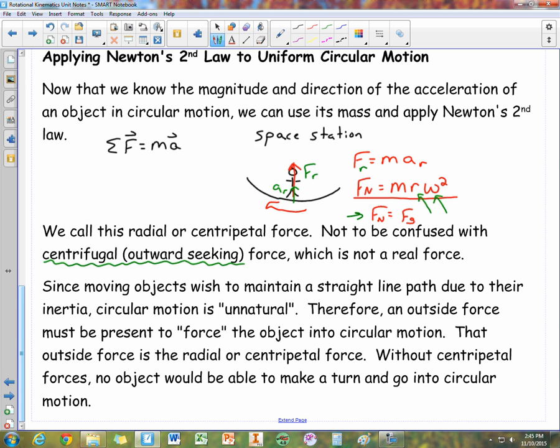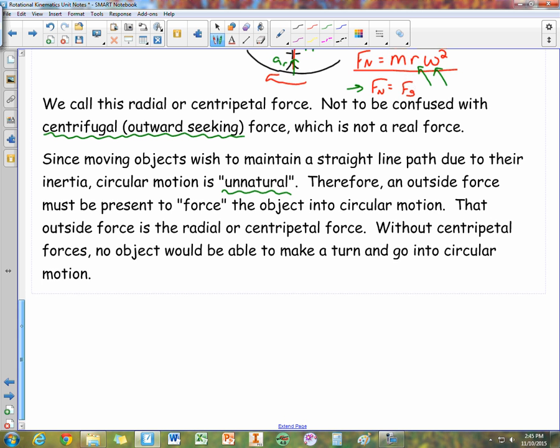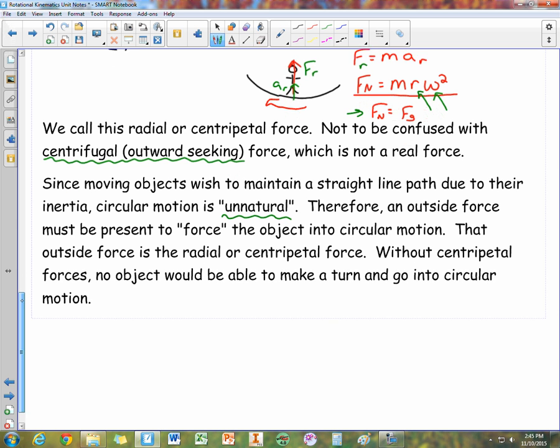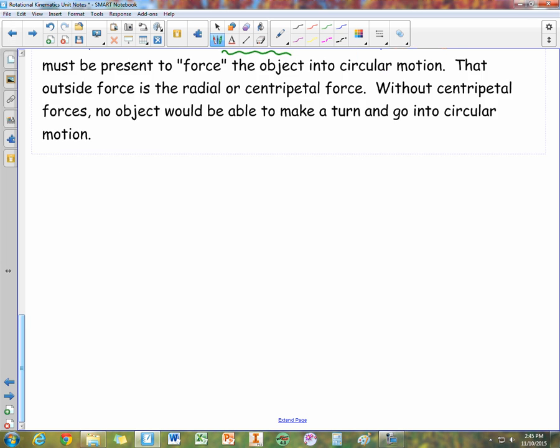Objects wish to maintain a straight line path because of inertia. Circular motion is unnatural. So there must be an outside force present that forces the object into circular motion. For the space station, that outside force was the normal force due to the walls of the space station. Without that outside force, no object could make a circular turn.